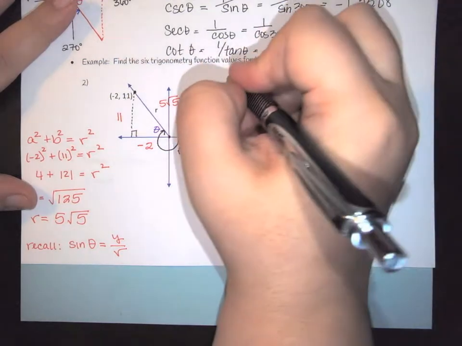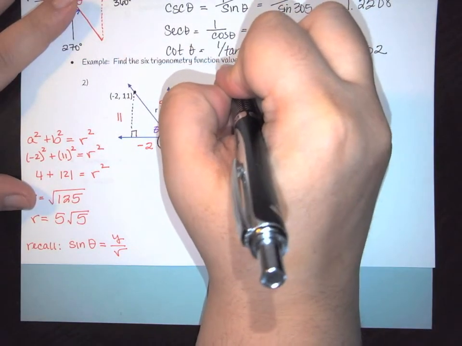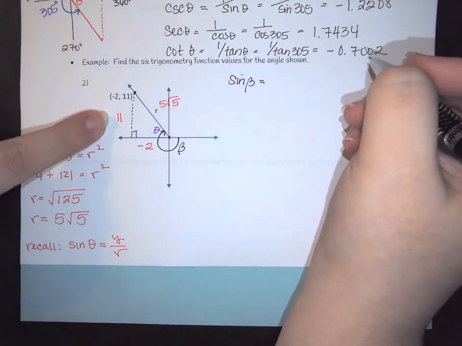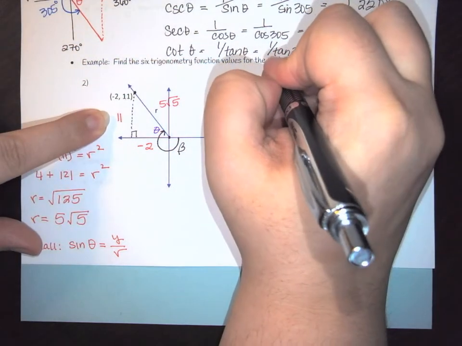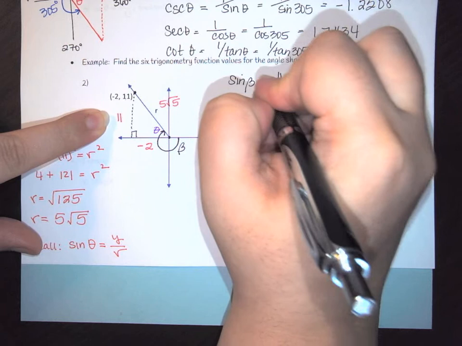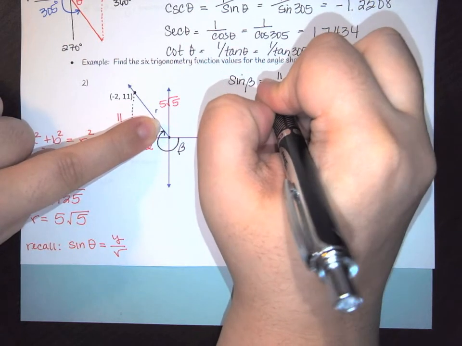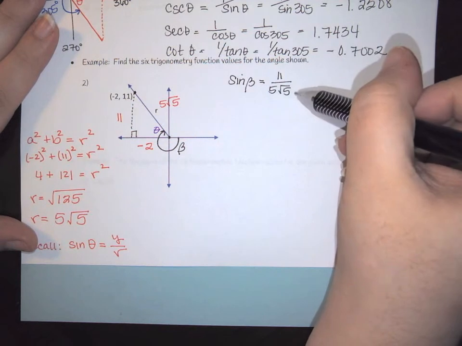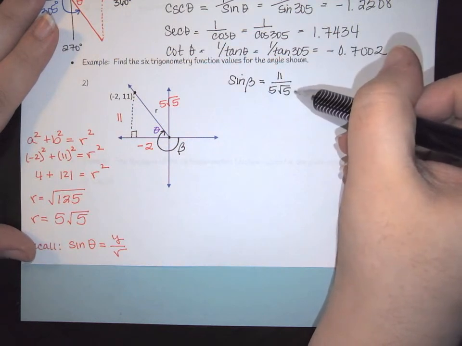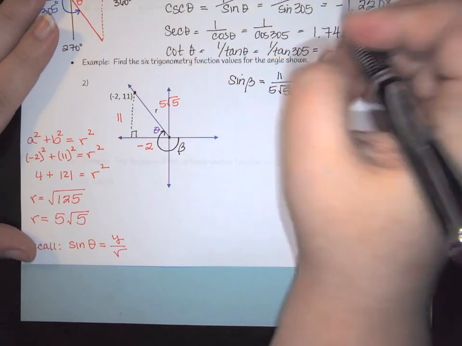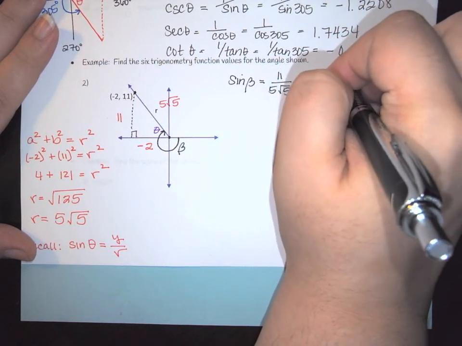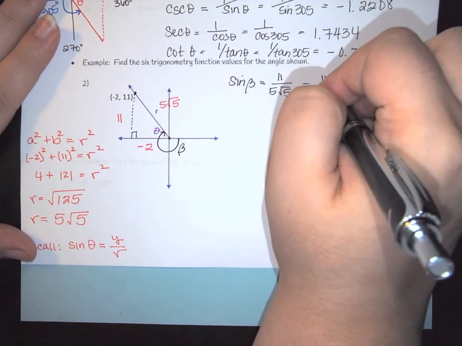So we have the sine of my angle is going to be opposite, which is 11 over the radius, 5 square roots of 5. You need to rationalize. Remember, you can't have radicals in the bottom, so you would multiply top and bottom by the square root of 5. So this is going to give you 11 square roots of 5 all over 25.